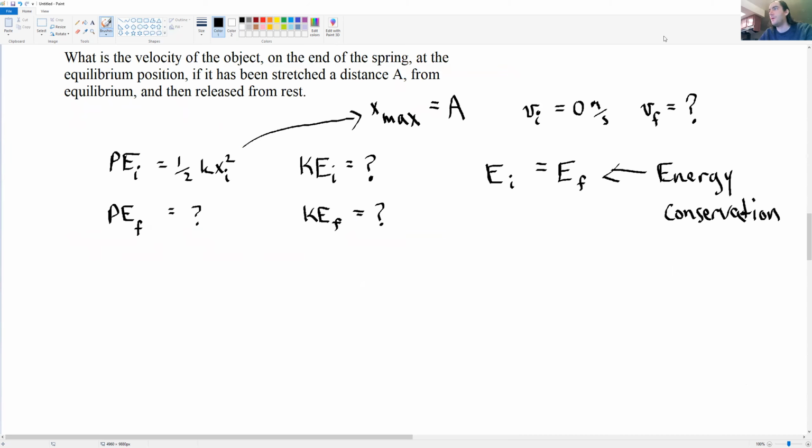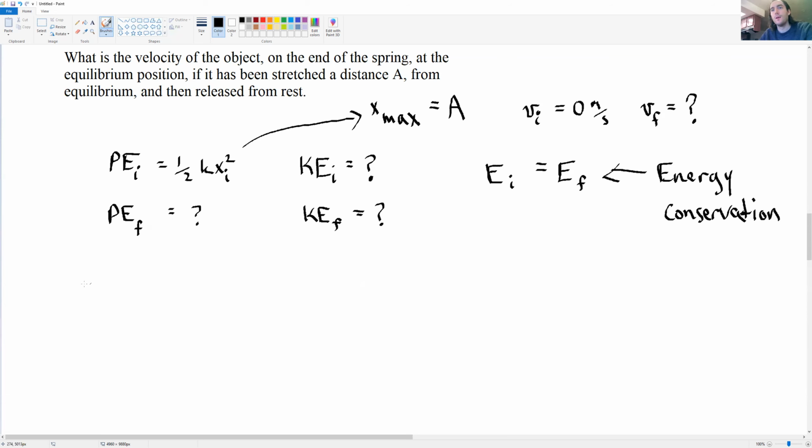So there's no friction in this problem, and so energy is going to be conserved. We're not losing energy to anything. Rather, I should say the energy is going to remain constant in this spring-mass system.